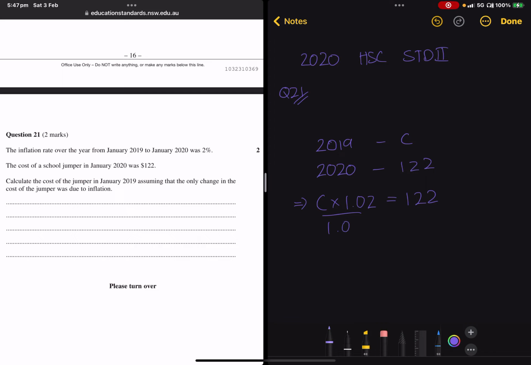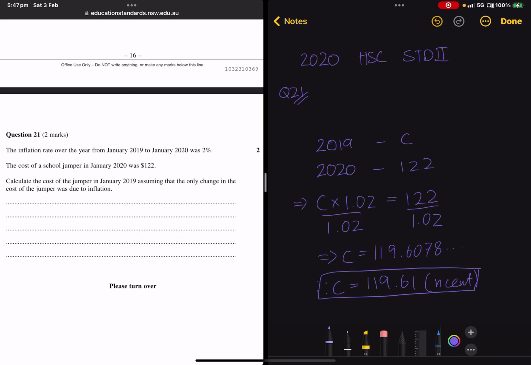Divide both sides by 1.02, and this tells us that C is equal to 122 divided by 1.02. We get 119.6078... So the cost in 2019 was going to be $119.61 to the nearest cent.